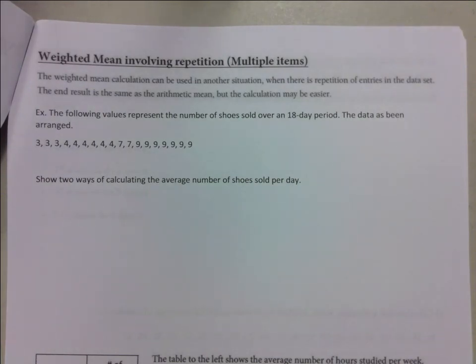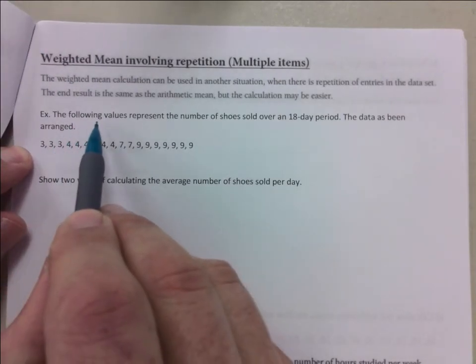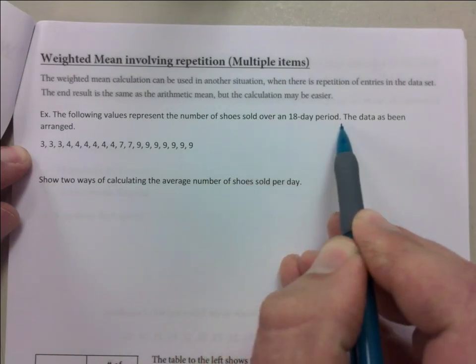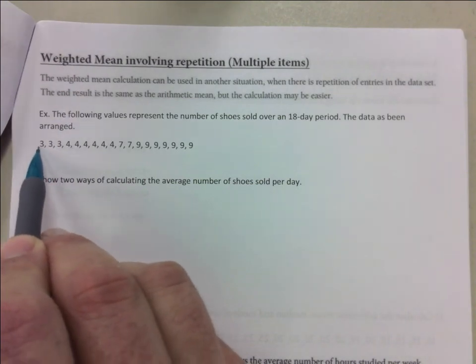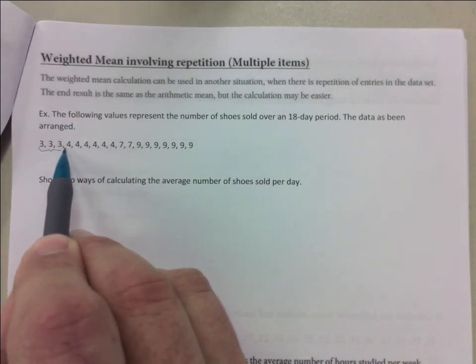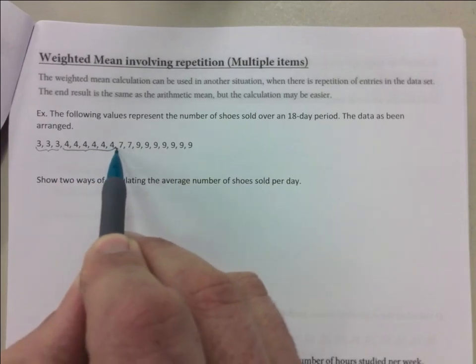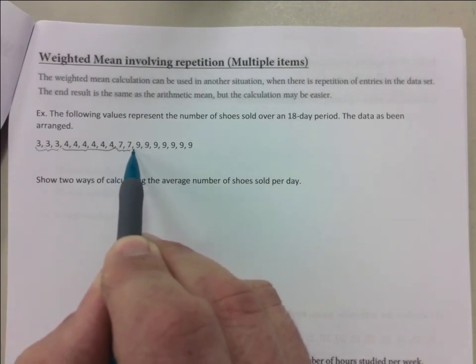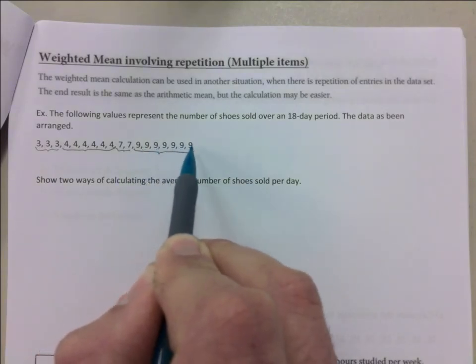Okay, so you're on 44, I'm hoping. You're putting away any distractions. You gotta lock in today. The following values represent the number of shoes sold over an 18-day period. The data has been arranged already. So you've got 3 3s, you've got 6 4s, on 2 occasions you sold 7 pairs, and then you've got 7 here.